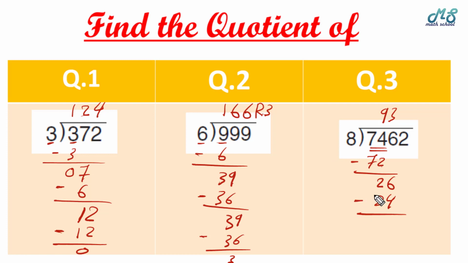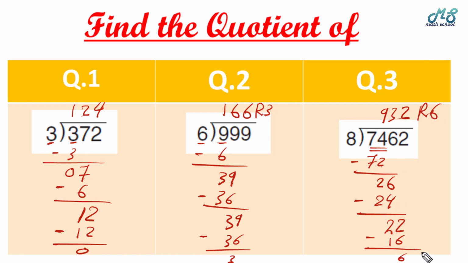Draw a line, subtract. 26 minus 24 equals what? Equals 2. Bring down the last digit, which is 2. 22 divided by 8 equals what? You can try 2. 2 times 8 equals 16. Now 22 minus 16 equals what? Mentally, guys, equals 6. Now, mister, 932 with remainder 6. This is the quotient.